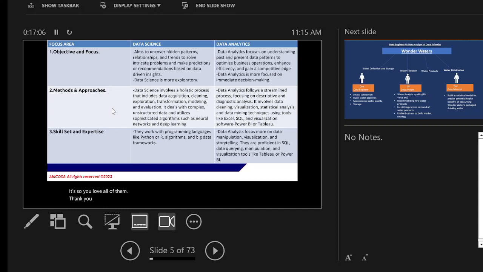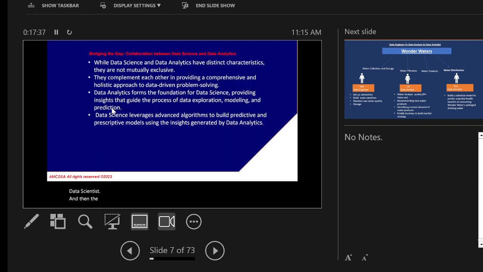While data analysts focus more on data manipulation, visualization, and storytelling. So they are proficient in SQL, data querying, manipulation, and visualization tools like Tableau or Power BI. So this is the difference between the two. However, in this curriculum, you will be all-rounded. You will still be a data scientist and a data analyst, and we are going to see that.